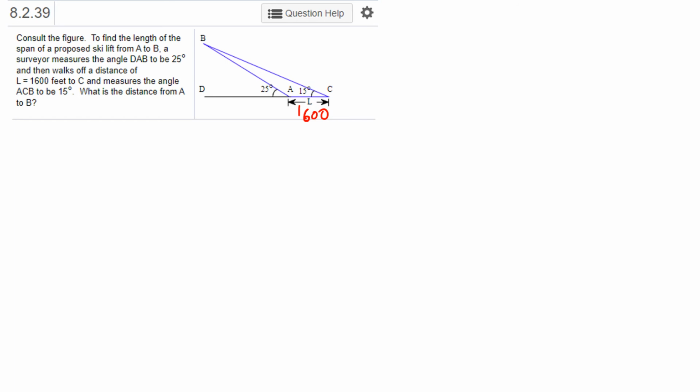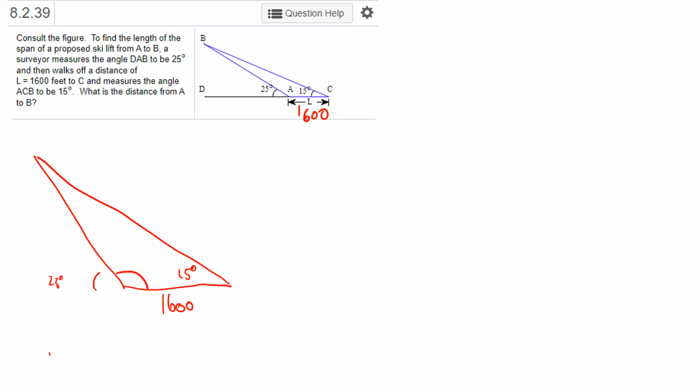If I draw this triangle a bit bigger, we've got this angle is 15 degrees and this length is 1,600 feet. Then this angle here is 25 degrees, which means this angle here is 180 minus 25, aka 155 degrees. So inside that triangle, I've got the supplementary angle of 155.